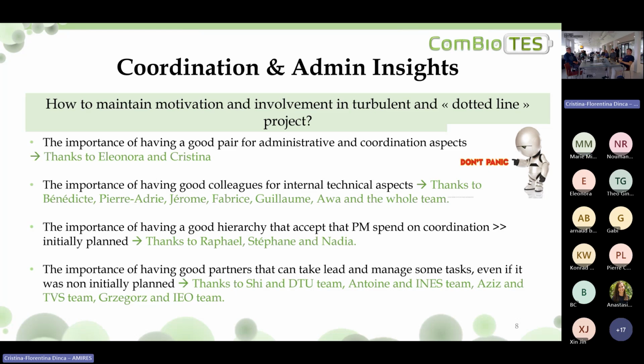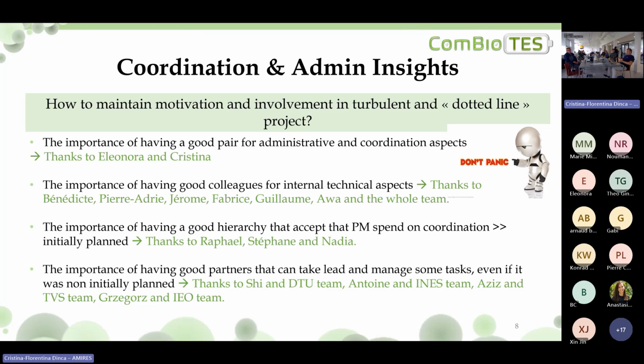Pierre Adrien, who made all the instrumentation of the Music prototype for DTU, for Grenoble, and for the Versatile 1 and 2. Jérôme, Fabrice, Guillaume, who gave some expert advice and made the simulation. Awa, who is doing all the data reduction of the Versatile. So a lot of people are involved and they are not known in this project at the moment.